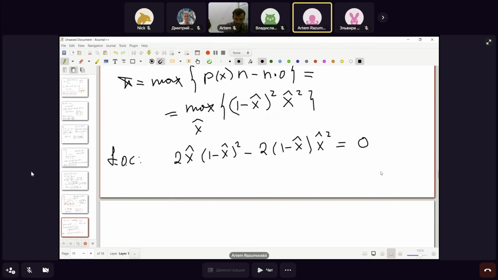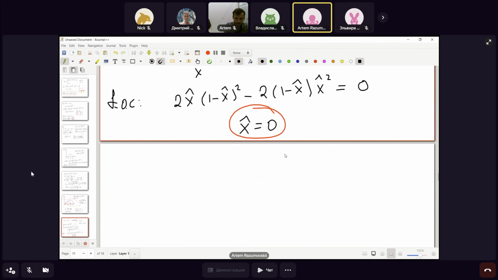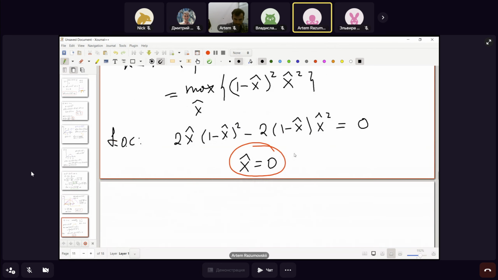So the first solution is x equal to 0, right? So then we can divide by it. If x is not 0, then the next solution is x equal to 1, right? We can divide by this as well.